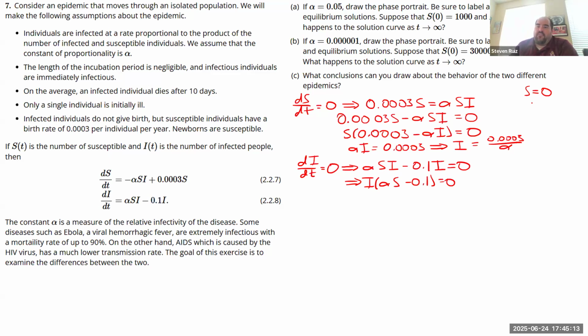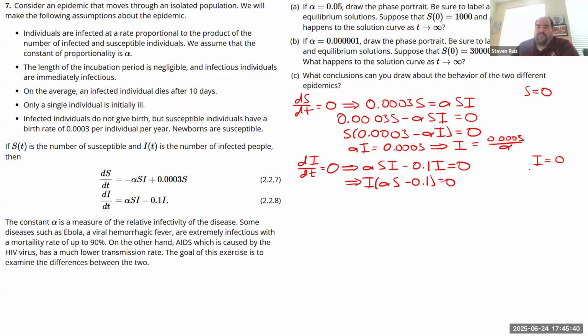So I equals 0. I was going to say that's a trivial equilibrium again, but it's not really that trivial, because if you have no infected people and no one's moving in, so it's a closed population, then basically the disease has been eradicated for your little community.